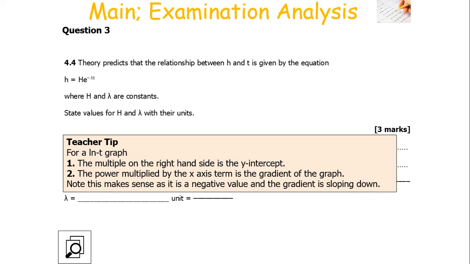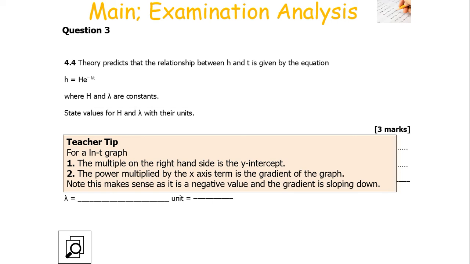Now the other thing to realize is that the power multiplied by the x term is going to be the gradient of the graph. So what was our x term in our log h against t graph? Well, it was t. So the term in the exponential, which is multiplied by the t, lambda, is going to be the gradient of the graph. Now this makes sense because it's a negative value and the gradient is sloping downwards.